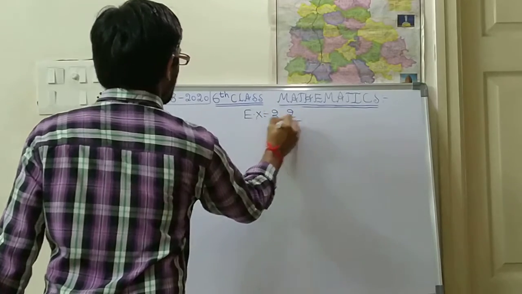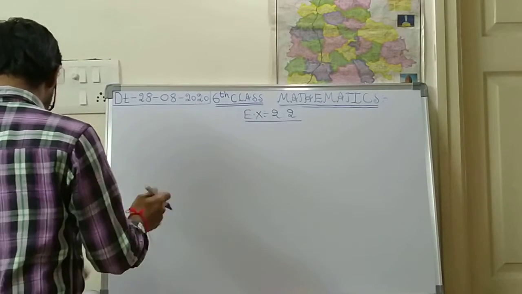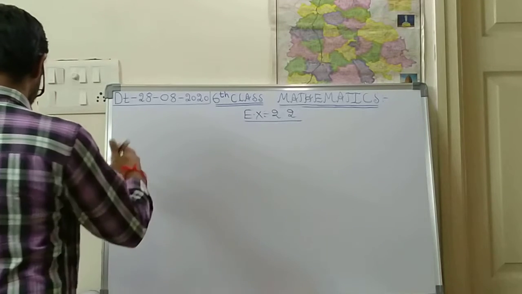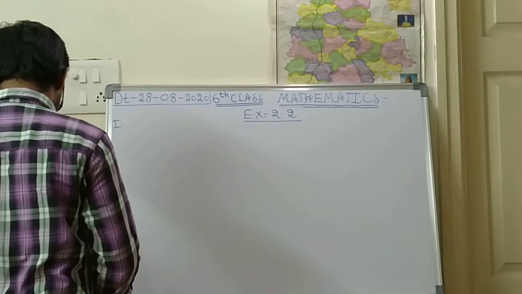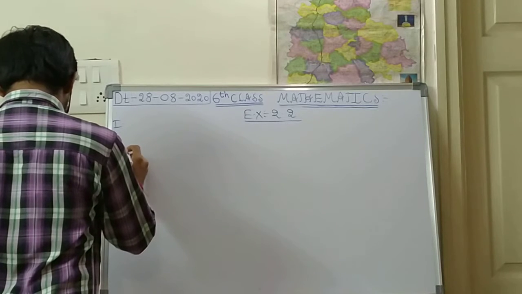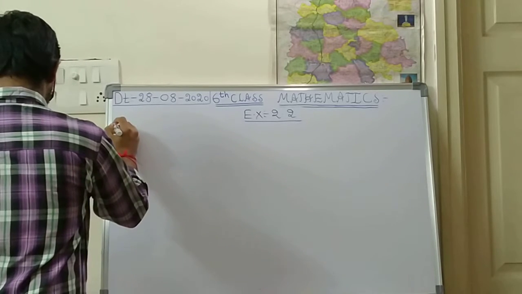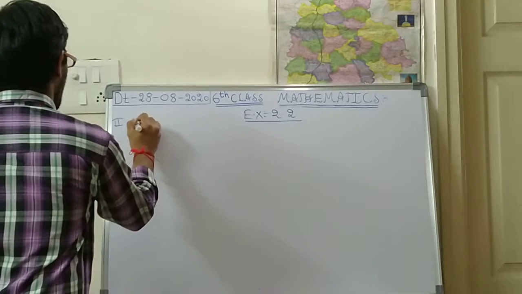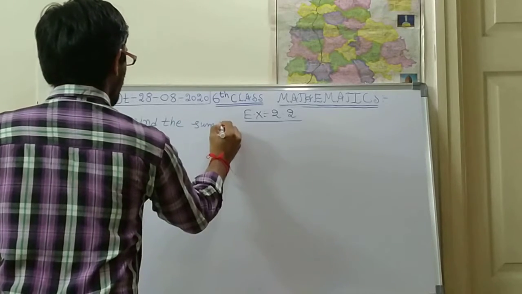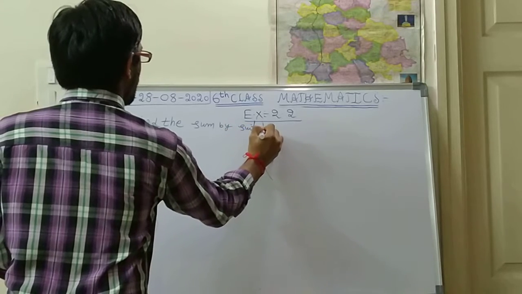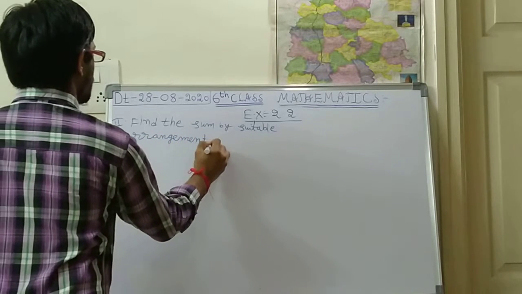Exercise 2.2. In this exercise 2.2, second bit I am giving. Find the sum by suitable arrangement.